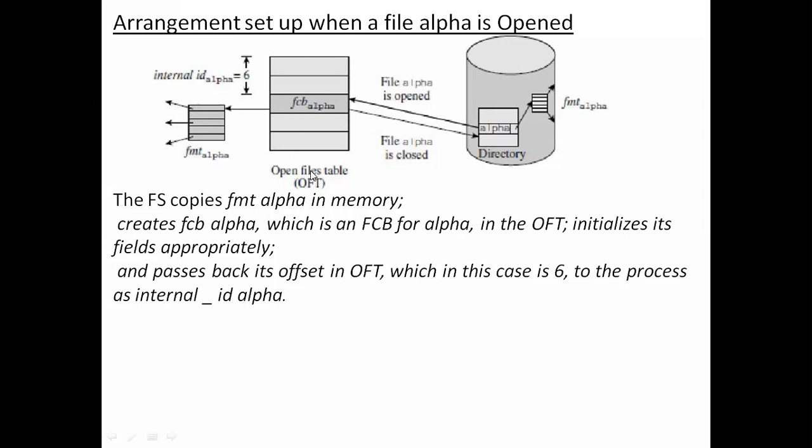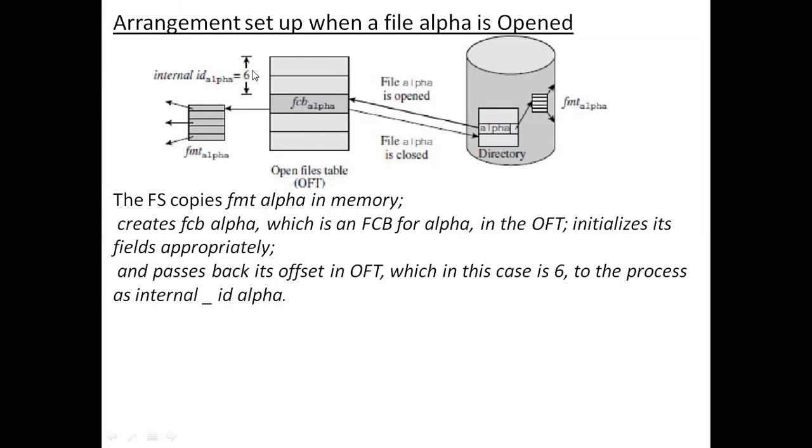Third, it will initialize its fields and pass back its offset, the internal ID of alpha, which in this case is 6.